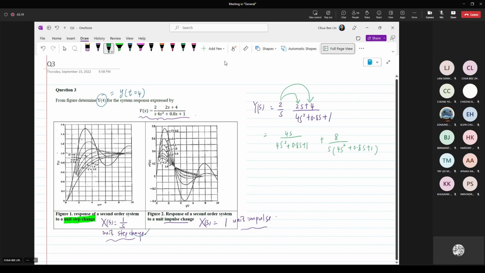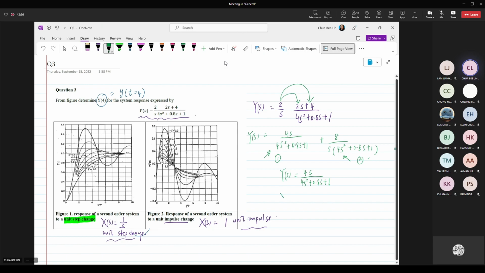Then you focus on the first one, and then the second one. You split the equation to be Y(s) equals 4s over 4s squared plus 0.8s plus 1.